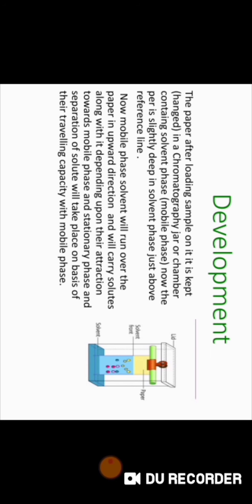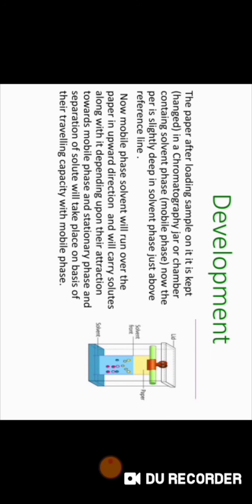Now the mobile phase will run over the paper in an upward direction and will carry solute along with it. Depending upon their attraction towards the mobile phase and stationary phase, the separation of solute will take place on the basis of their traveling capacity with the mobile phase.